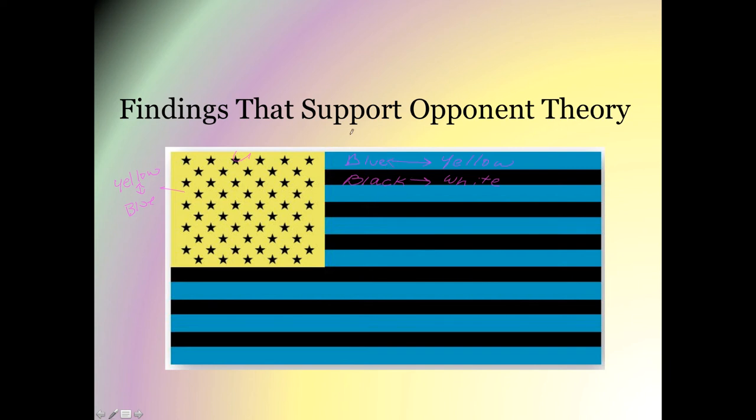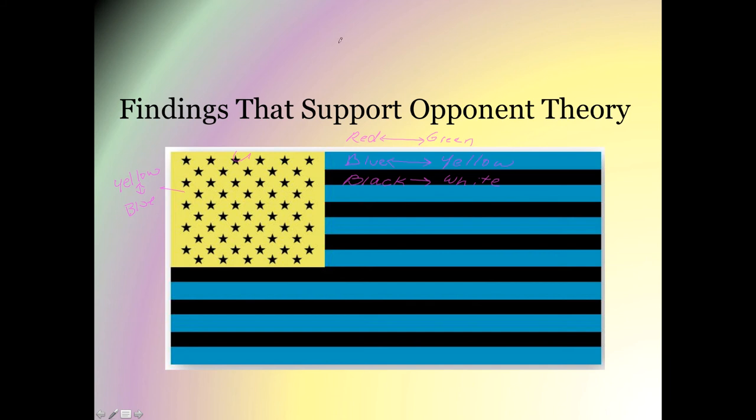In addition, there's one more set of colors that are opposite each other, red and green. You stare at either one and you'll get an after image of the opposite. Stare at red, you get green. Stare at green, you get red.